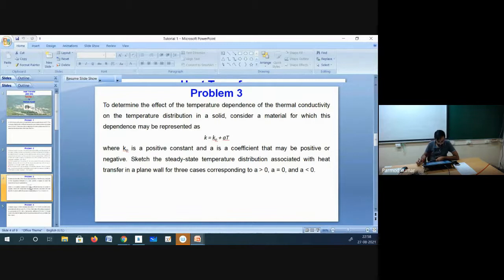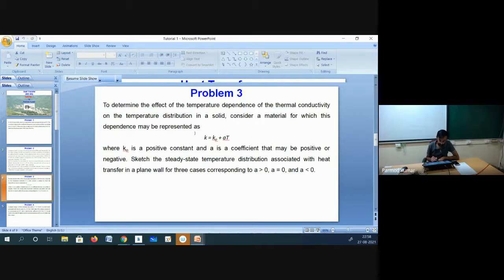So this particular problem is in order to show you that if we have variable thermal conductivity, then how our heat transfer or temperature profile will actually look. Okay. So this question is to determine the effect of temperature dependence of the thermal conductivity on temperature distribution in a solid.